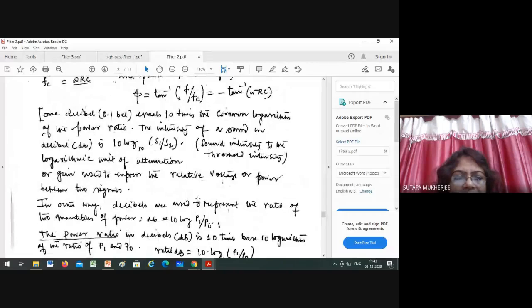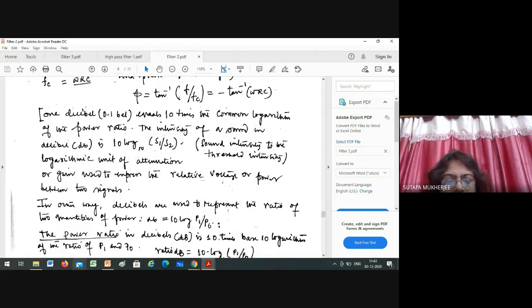Before that you have to know the decibel concept. What is a decibel? 1 decibel is equal to 10 times the common logarithm of the power ratio. Basically this is 10 log of output by input to the base 10.